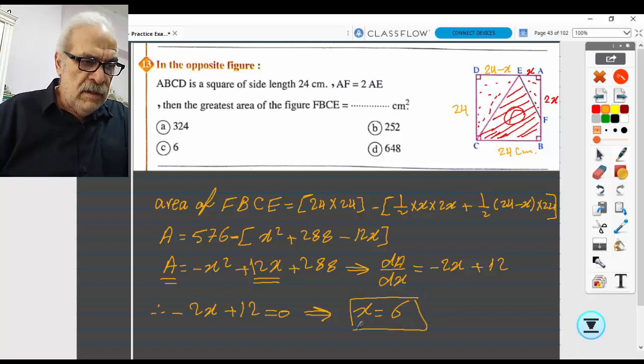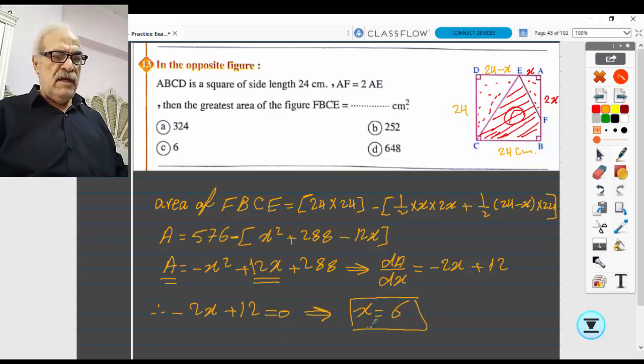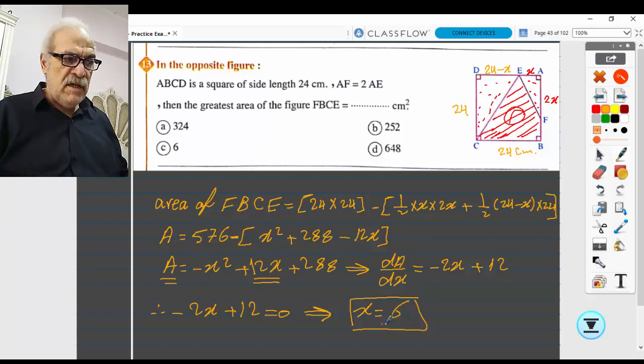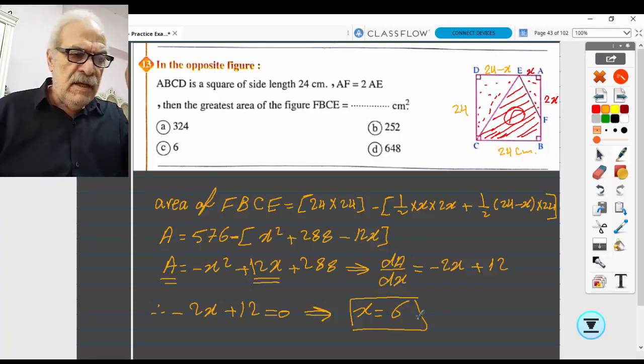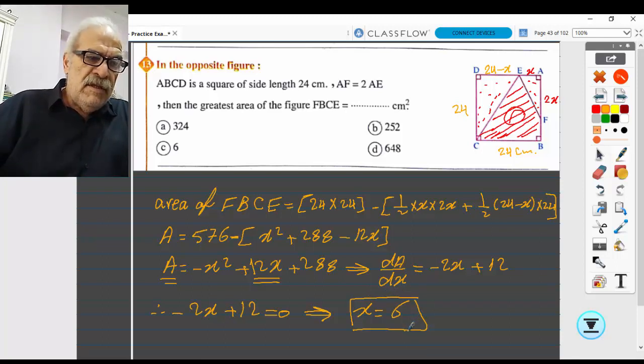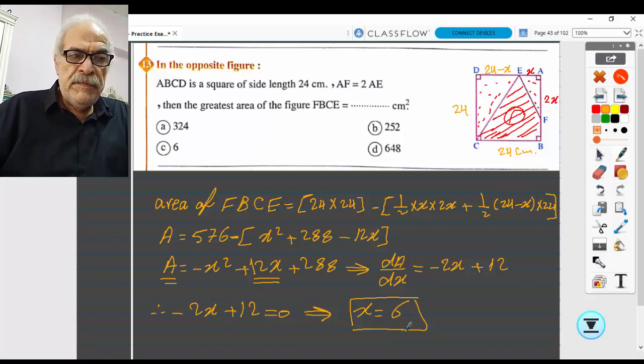Now we check the sign around x equals 6. The sign of what? The sign of dA/dx, or we can use the second derivative to determine this critical point, if it is maximum or minimum.